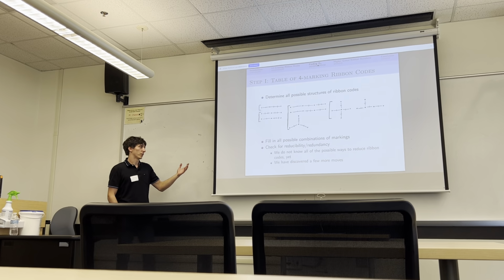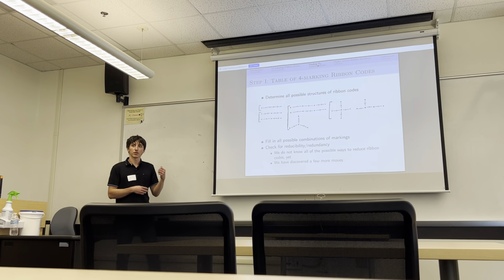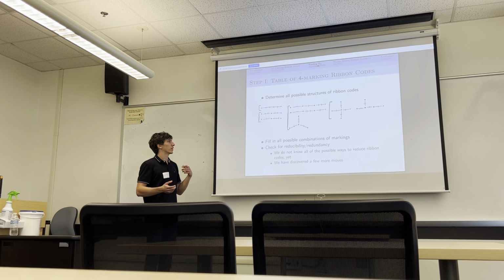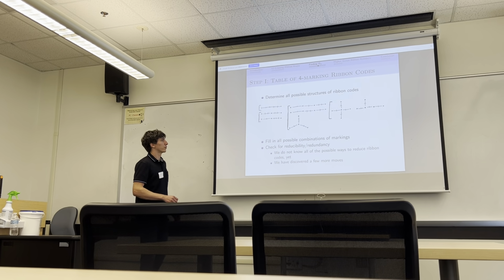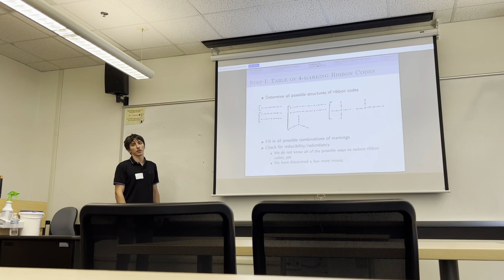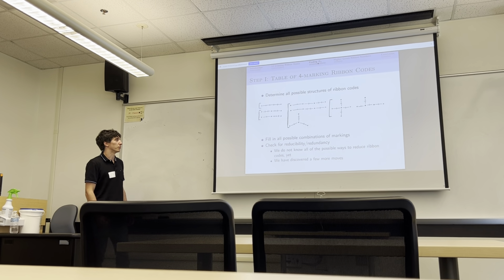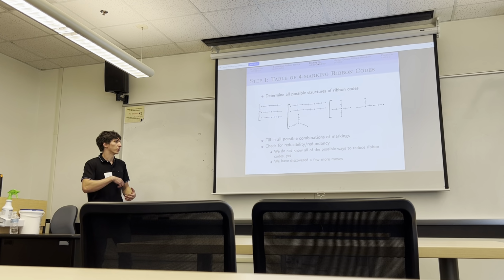And we haven't found all the possible ways to reduce them, because we'll get some ribbon codes that have the same Alexander polynomial. However, this will be solved because we'll eventually create a program to compute the Alexander polynomials when inputted a ribbon code.